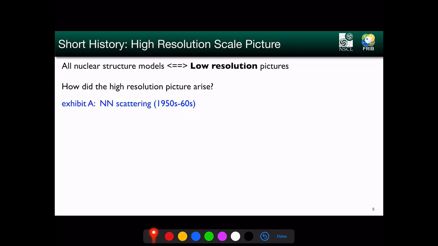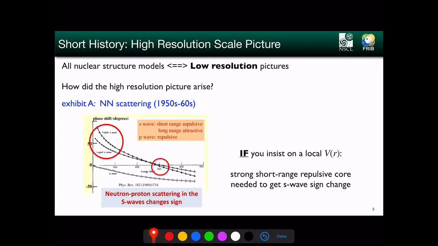The first example was the early analyses of NN scattering in the 50s and 60s. Basically what they found was that in the S wave phase shifts, you have this change of sign at these intermediate energies that signifies going from attraction to repulsion.